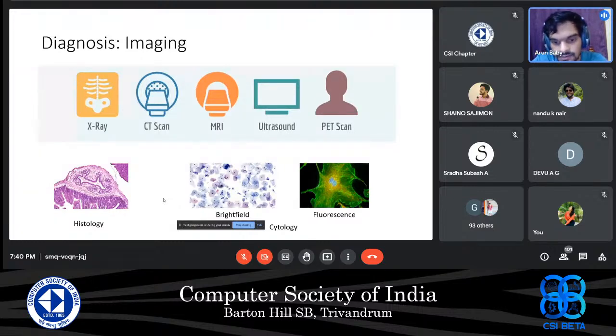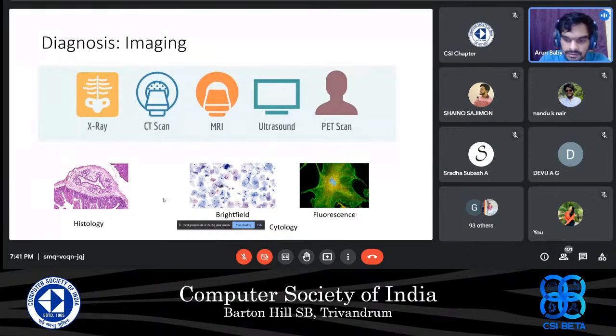But in cytology, we actually take out the cells and disperse them in a medium. So there is no structural integrity at that time, and we view the cells individually.